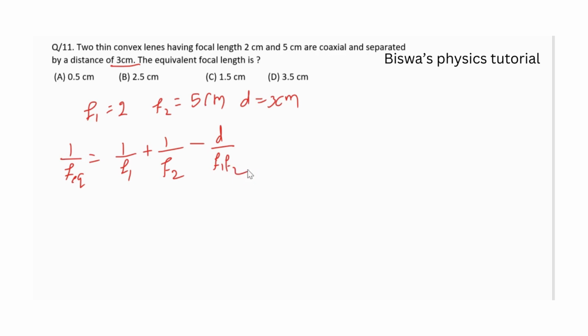Now put in all the values. It becomes 1 by 2 plus 1 by 5 minus 3 by 5 into 2, which is 10. If I calculate, the LCM is 10.